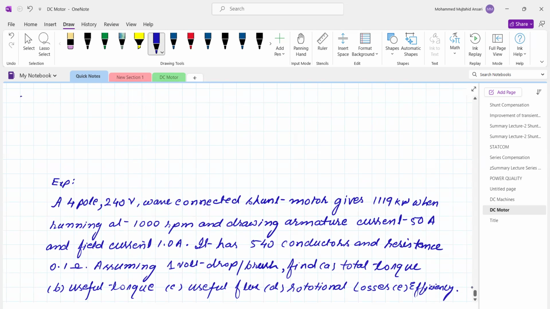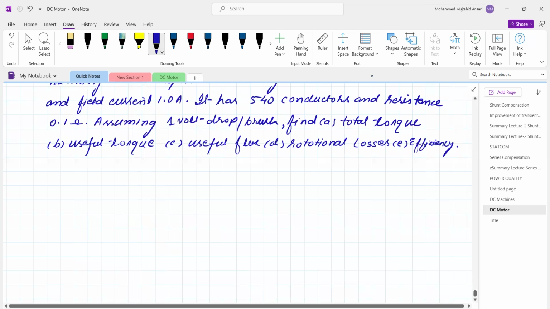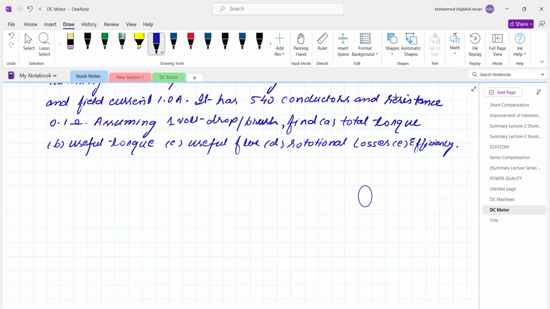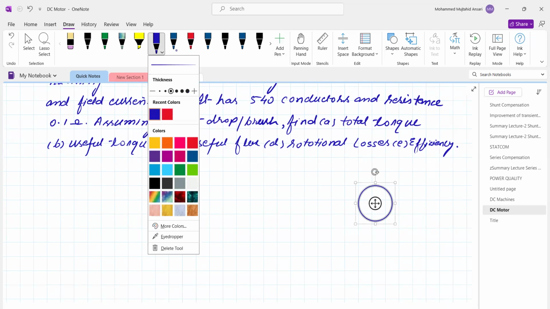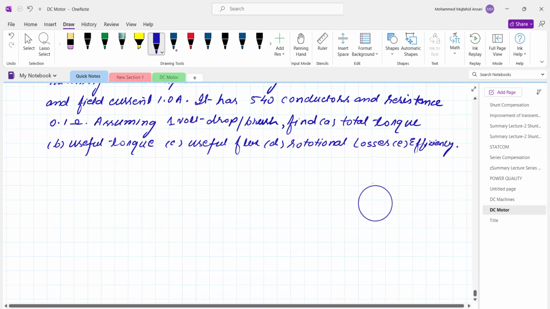So what is the type of motor? It is a DC shunt motor. Now we will draw the diagram of the DC shunt motor. It is better to draw the diagram.